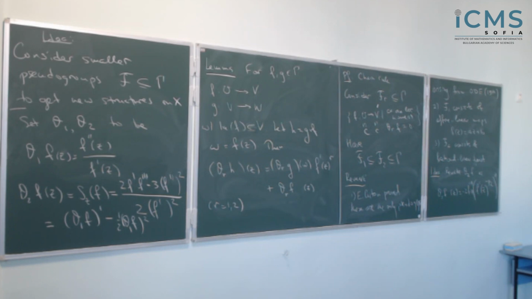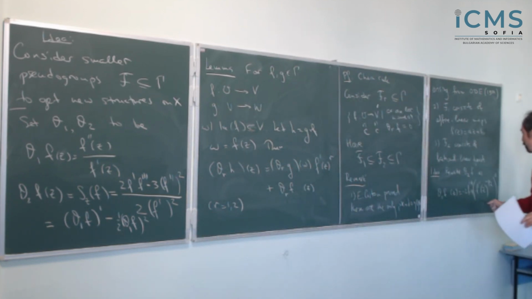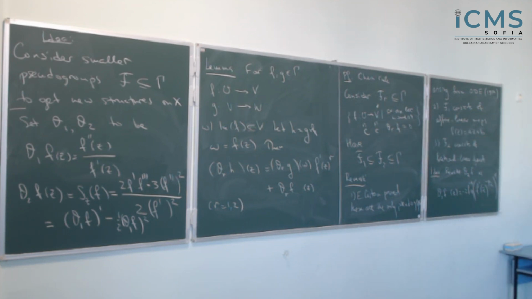Again, it's a direct calculation. This is a third order operator, and this is another one that we're checking. We're claiming they're the same. So differentiate f prime to the minus 1/2. We're working with local homeomorphisms, complex analytic, so the derivative is never 0, and we don't have a problem with vanishing denominators.